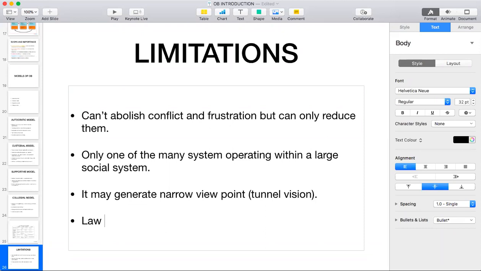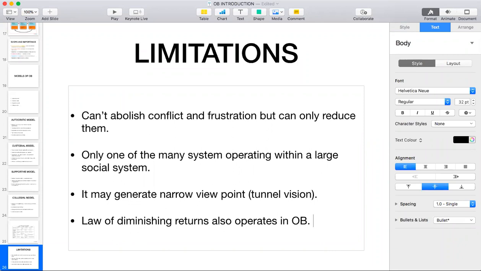Next one, the law of diminishing returns. The law of diminishing returns also operates in OB. Now, what is the law of diminishing returns, which we need to understand first.